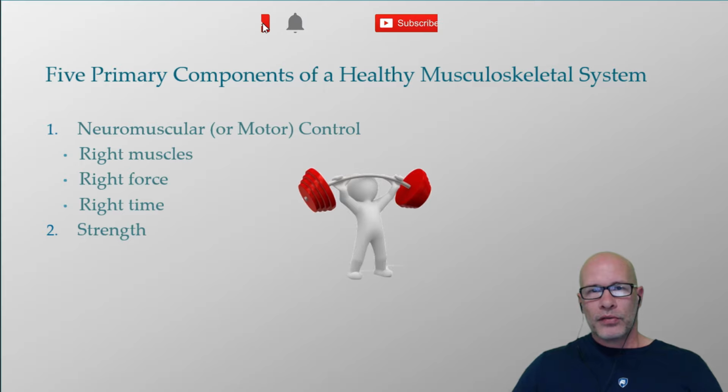So for example, if someone lacks motor control and therefore has improper form, we want to show them what they're doing wrong, use verbal, tactile, and visual cues to show them how to do it right, have them practice it over and over, and strengthen them in the movement over the course of time as a major way to improve motor control. So strength is really closely related to motor control.